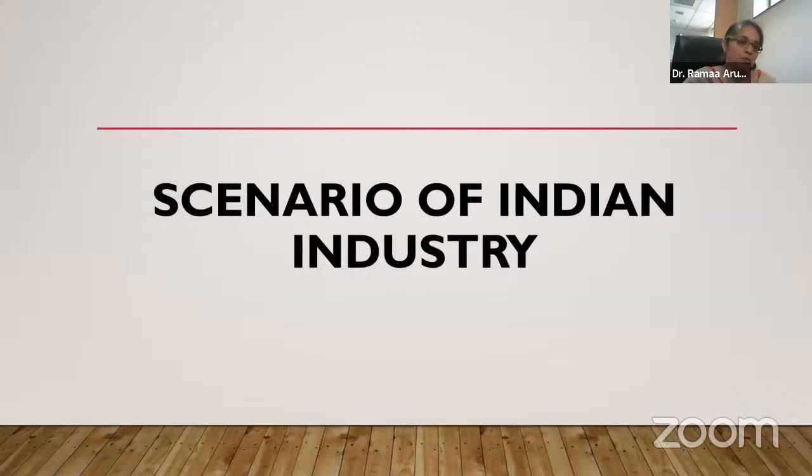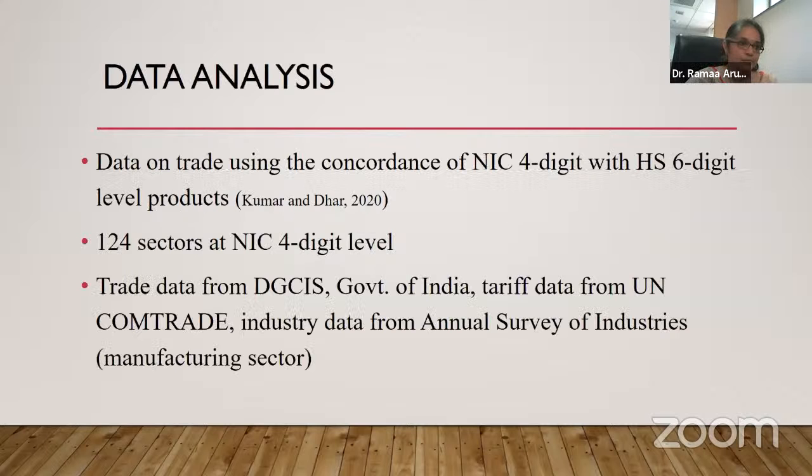So let me come now to the industry scenario for India. When we talk of data, the data availability of trade is at the product level, and the industry level data is classified under the industry codes, which is the National Industry Classification. In 2020, I had done a paper whereby I had concorded the NIC 4-digit level and HS 6-digit level products, and tried to see how the trade data and the industry data could be studied.